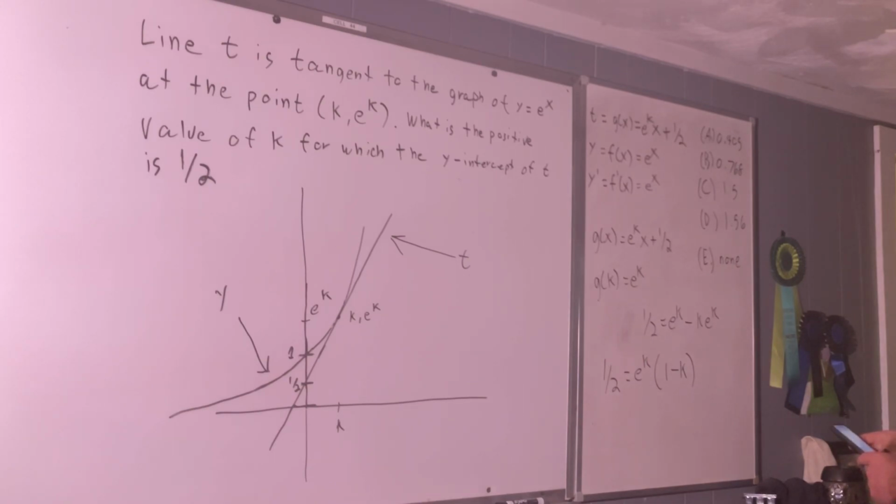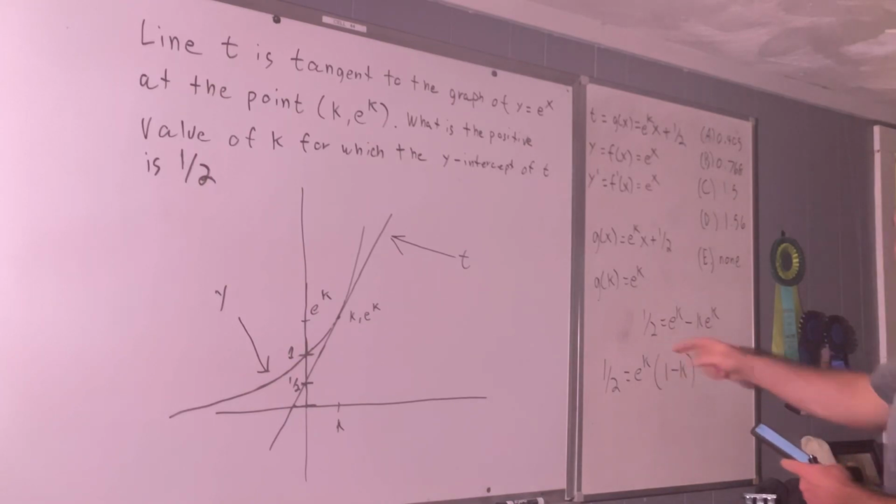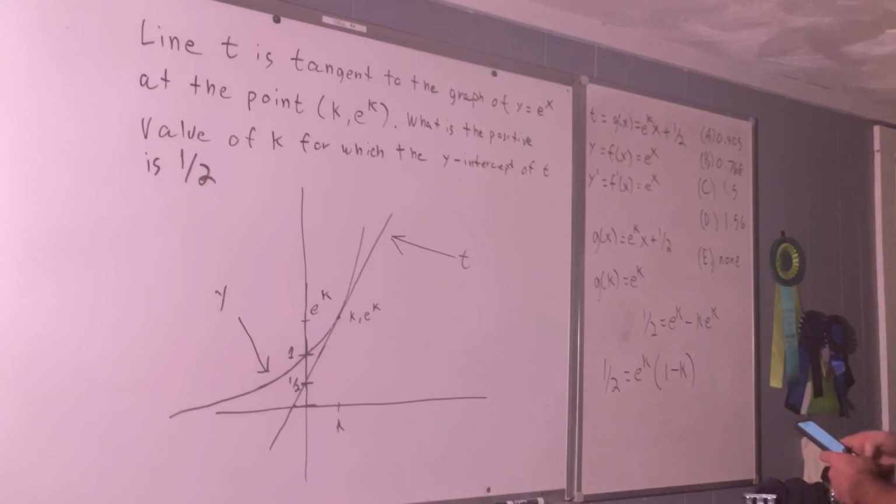Okay. All right, let's plug in the first one. So e to the 0.405, let's see what that gives us. E to the 0.405 times 1 minus 0.405. Nah, gives us like 0.9. Okay, so that's not it.